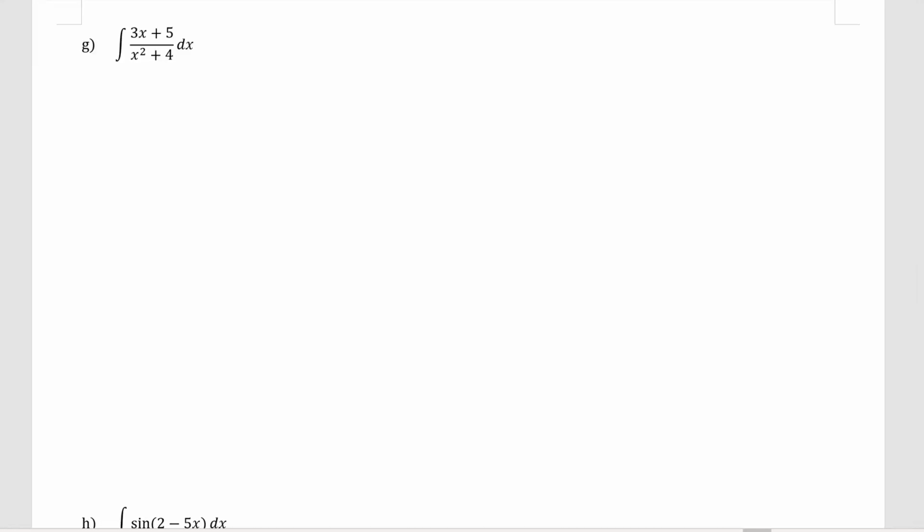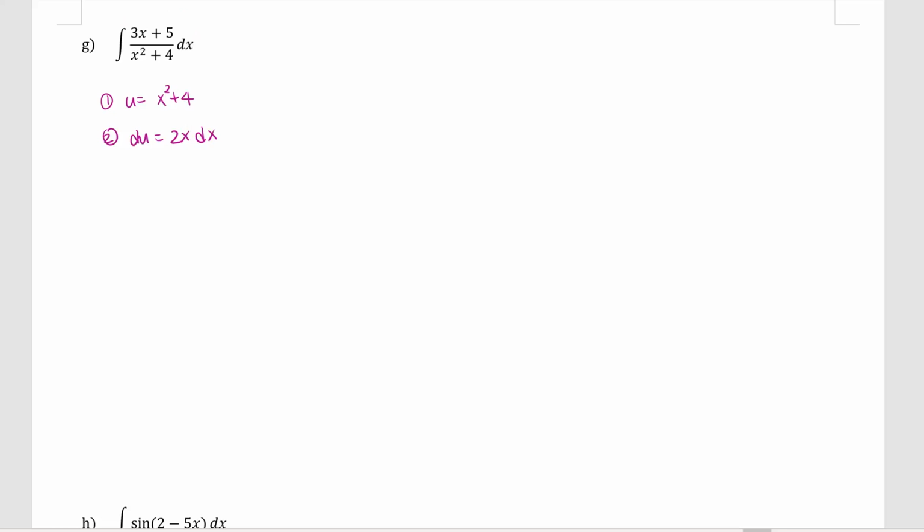We let u be x squared plus 4, like what we did in the last example. Let u be the denominator, and then du is 2x dx. Which is not exactly like the numerator. What do we do in this case?